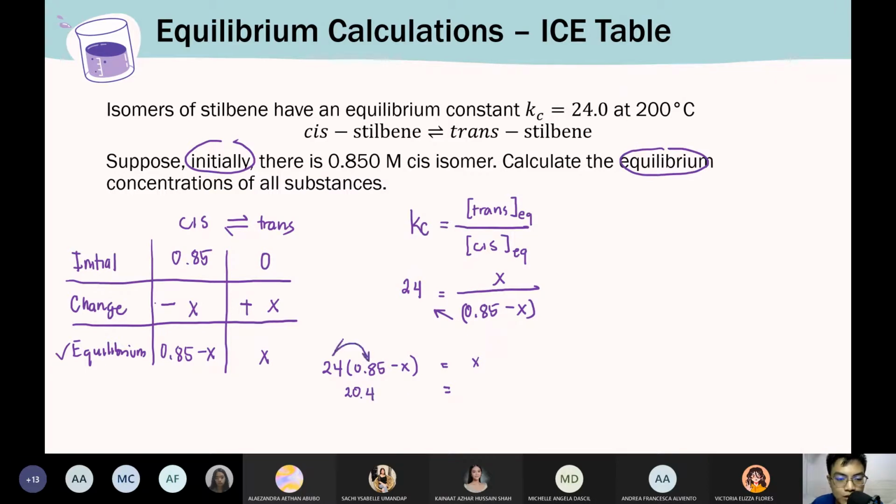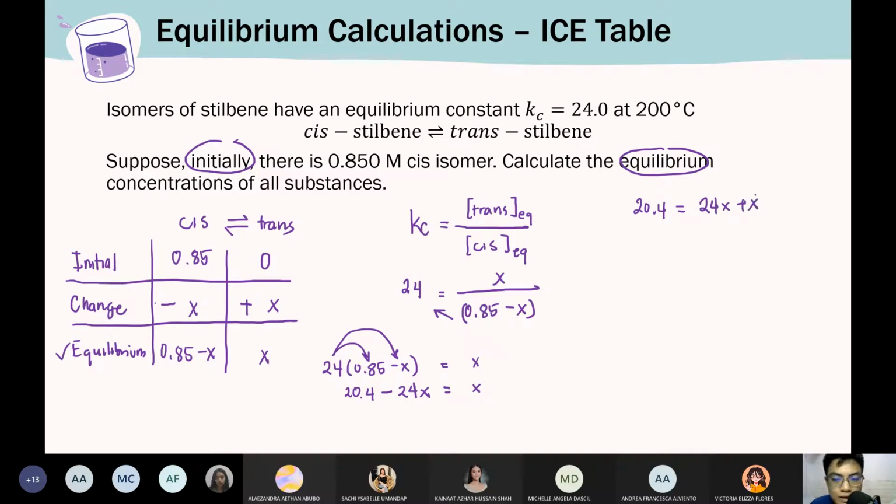Okay, and then 24 times negative x is, of course, negative 24x. And then you need to transpose it to the other side. So that will give you 20.4. Sorry, dito na lang sa kabila. Okay, so transpose ko itong negative 24x sa kabila. So it will become positive.